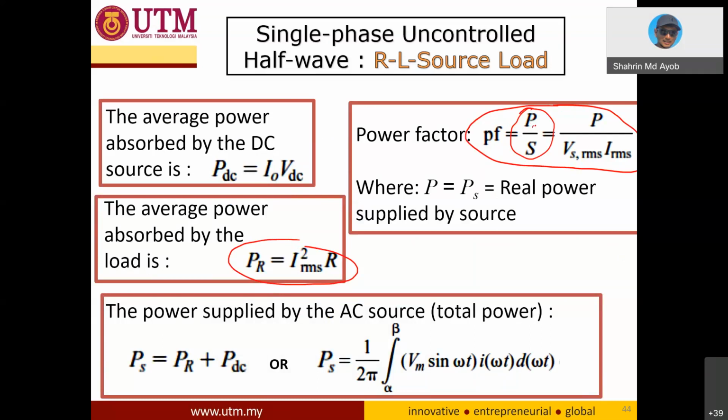The P out is the power absorbed by the resistor, and the S source is the apparent power supplied by the source, which is VS RMS times the source current RMS.